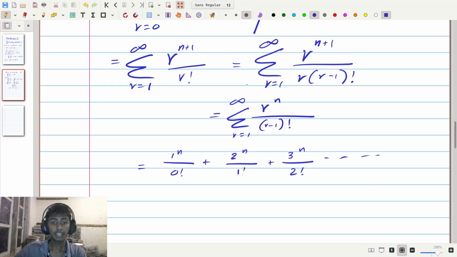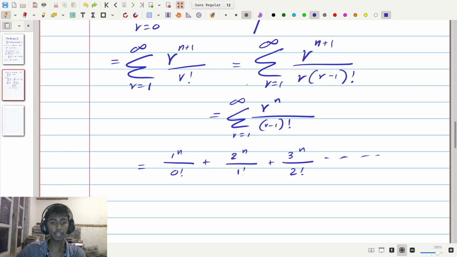We can instead start counting from r equals 0 up to infinity, and instead of having r here, we could have r plus 1, because 0 plus 1 would be equal to 1, 1 plus 1 would be equal to 2, 2 plus 1 would be equal to 3, and so on. On the denominator, we could just have r factorial, since when r is equal to 0, that would be 0 factorial, then 1 factorial, 2 factorial, and so on.